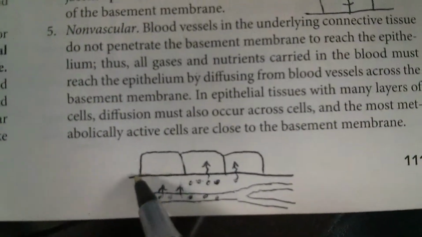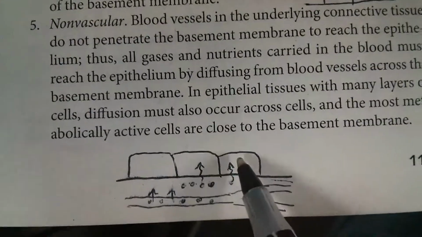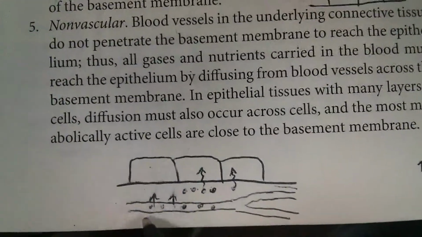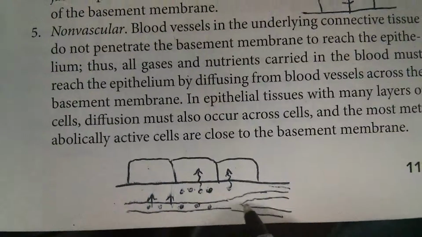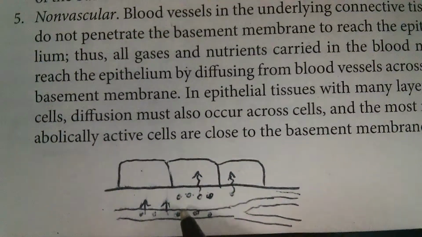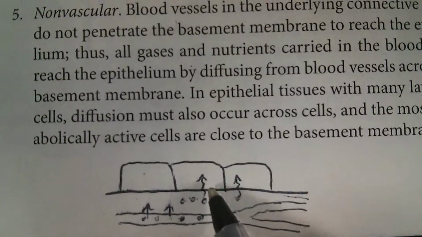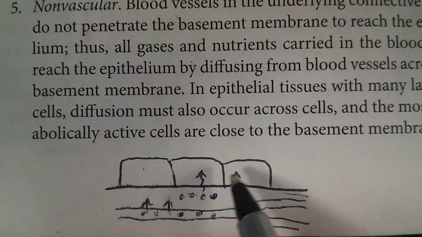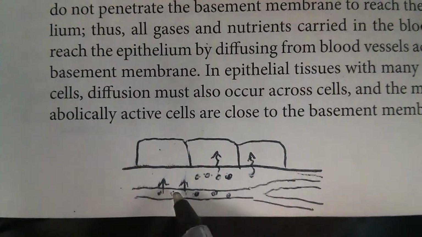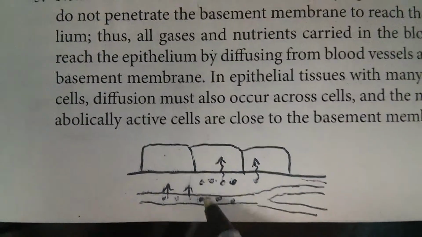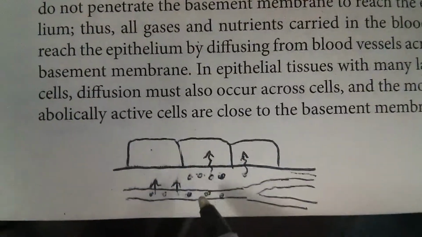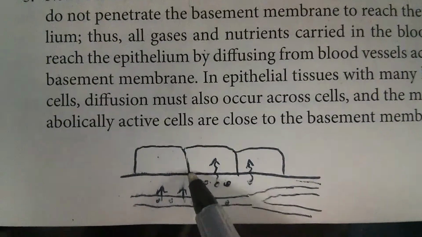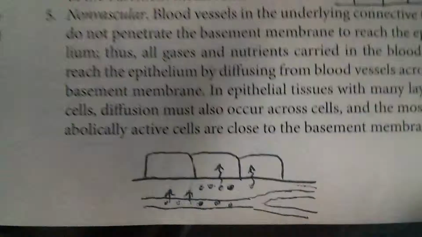Here I drew a picture of the basement membrane with the epithelium here and the blood vessels underneath, which do not penetrate into the basement membrane or into the cells. So the cells get their nutrients and gases by having them diffuse out of the blood vessels and across the membrane into the epithelium.